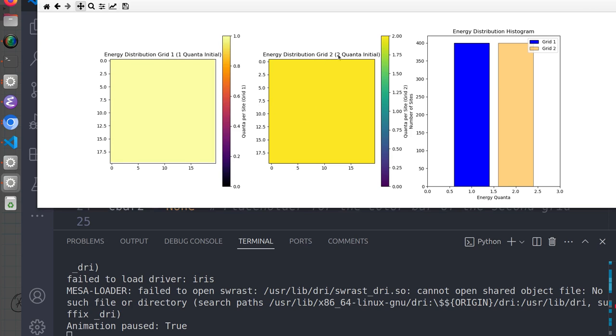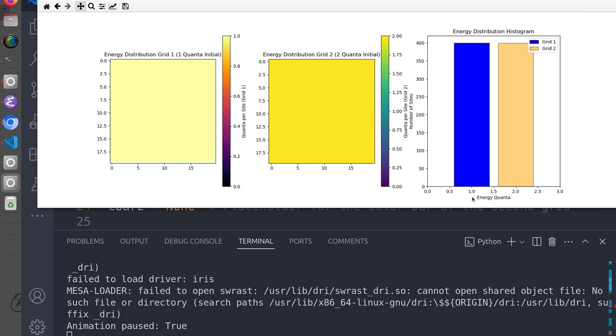The second grid has 2 initial quanta on each site. You can see the color again is a darker yellow. So on each site there are going to be 2 quanta of energy. And on the third plot there is a histogram.